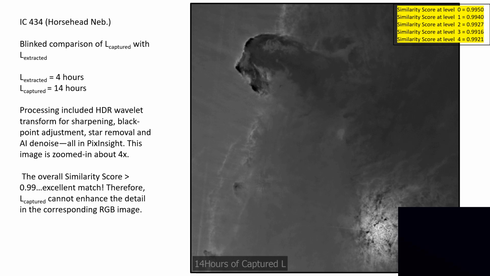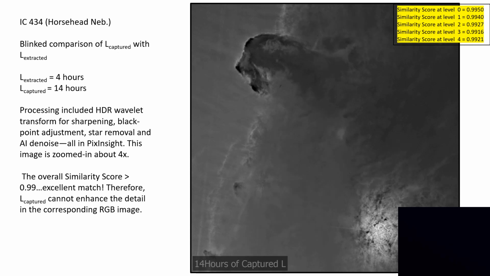You can think of that as 4 hours of R, G, B. The L captured is 14 hours, so its equivalent is far greater than the L extracted. This was sharpened in PixInsight and zoomed in by a factor of 4.